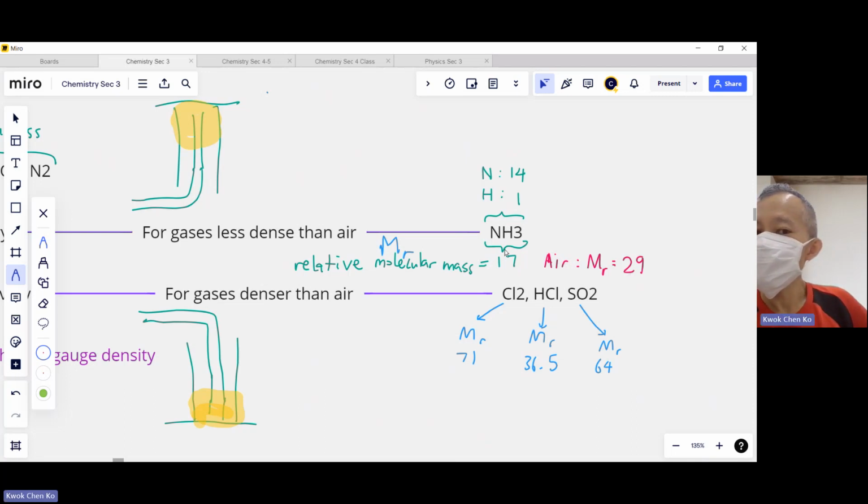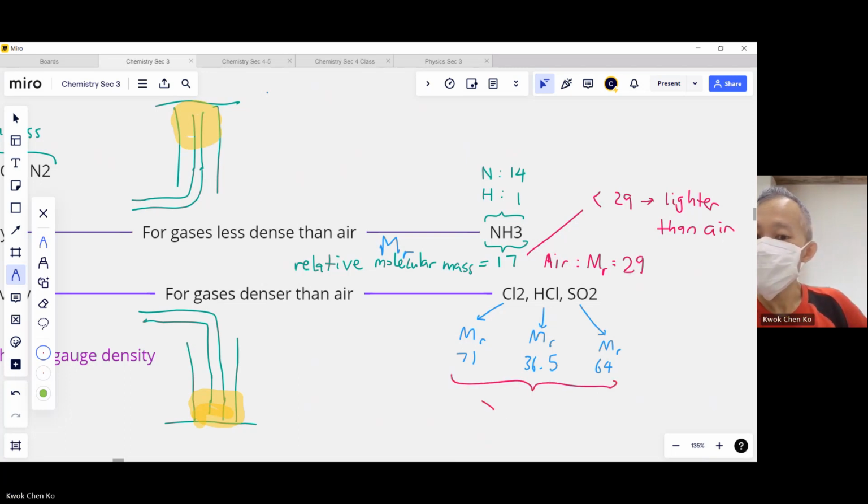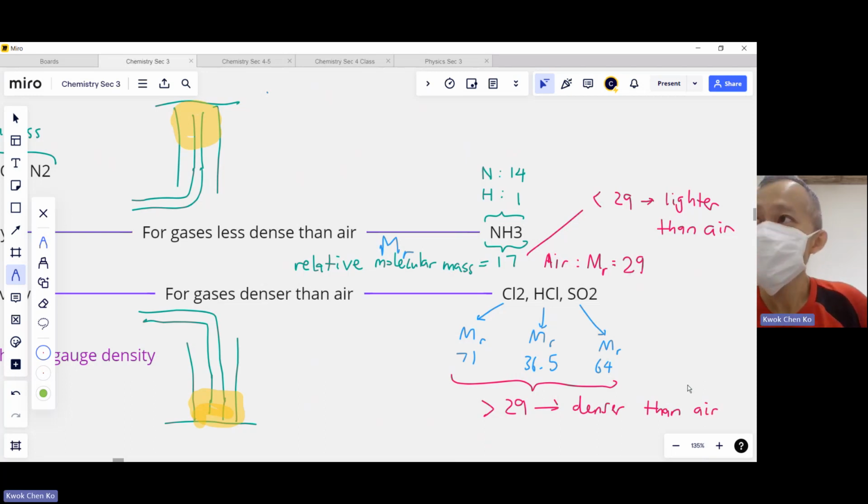This is less than 29. So that means it is lighter than air. Less than. Yes, less dense than air. And you notice all these are greater than 29. So therefore, they are denser than air. That is a very useful method to figure out the densities.